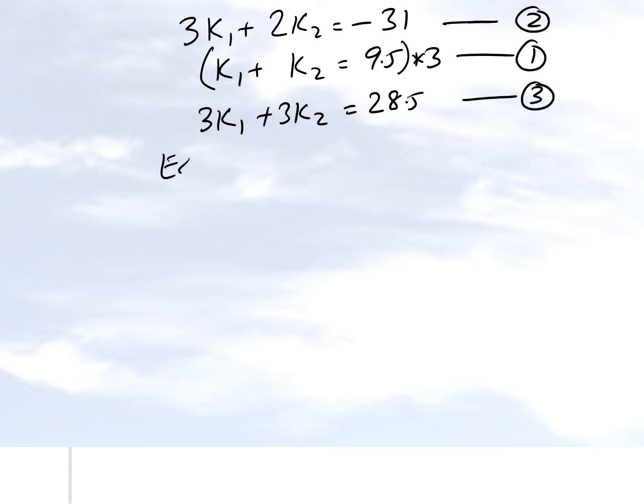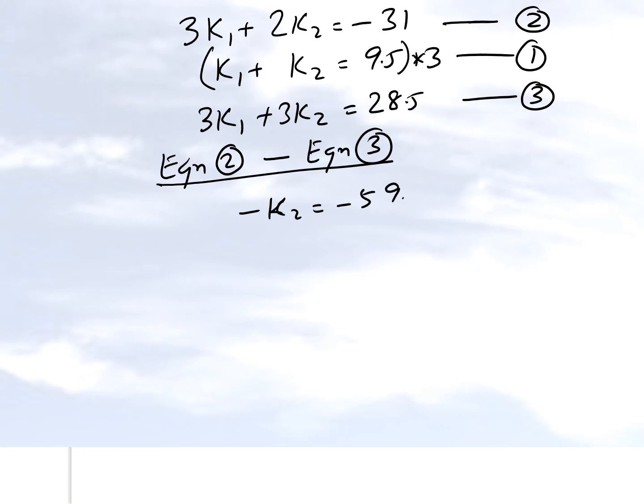So what I'll do is equation 2 subtract equation 3 from there. If I do that, I will get minus k2 equal to minus 59.5. And that allows me to say that K2 is 59.5.